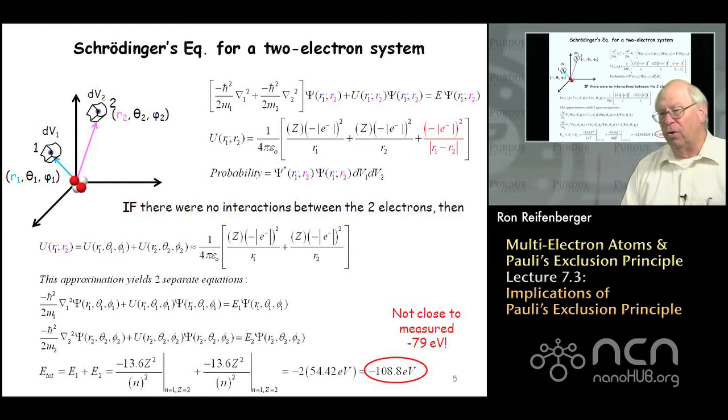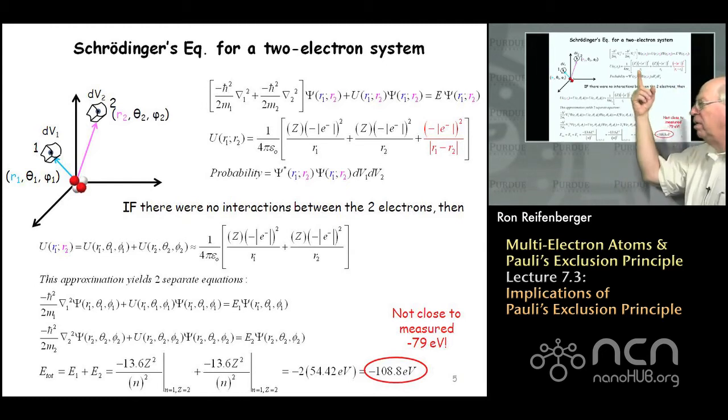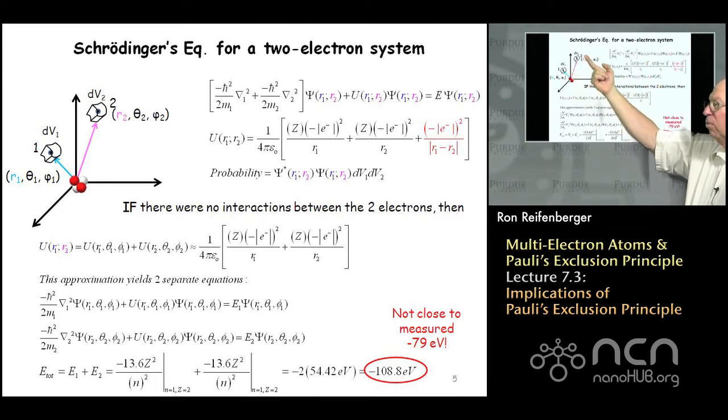And of course, the problem is that when you insert, well, first of all, you need a wave function, right? So you have to write a wave function down that describes both electron 1 and electron 2, and this is referred to as a two-particle wave function, and we're going to talk about that more in this lecture.